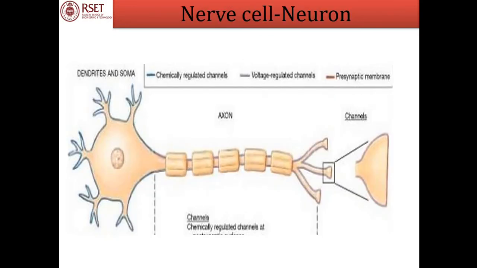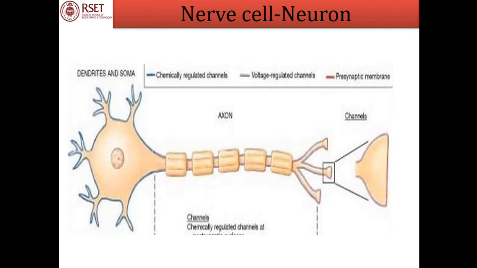The neuron is the basic functional unit of the brain. It's also called the nerve cell. It is this functional unit which communicates with different parts and the brain.